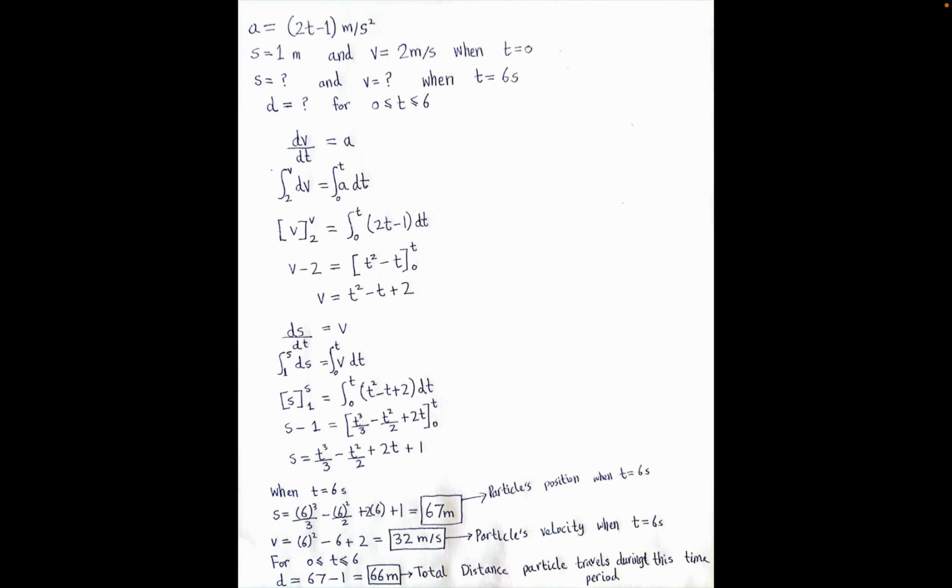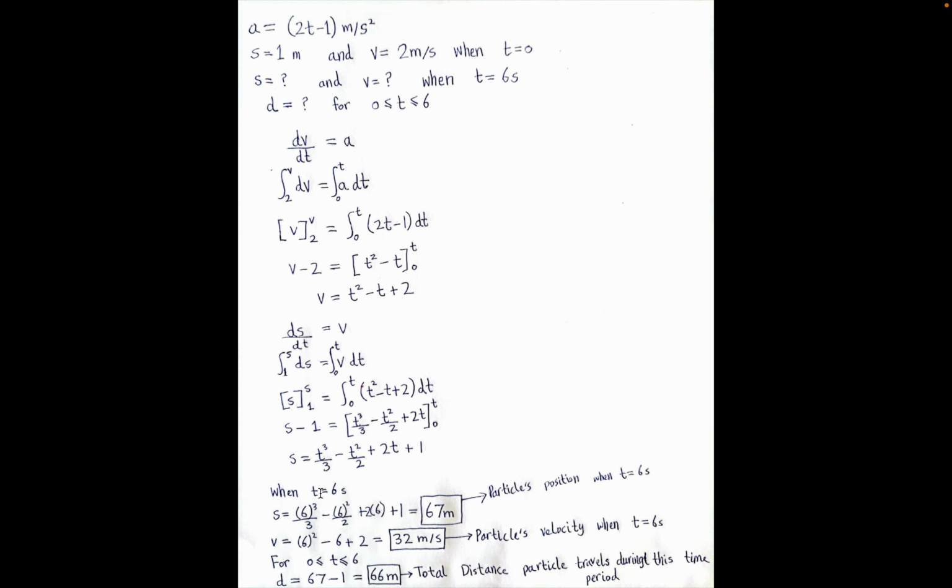It is really important to follow the steps, and then we do the integration. We get -1 over here, we take it to the other side, and we get the equation of displacement in the form s = t³/3 - t²/2 + 2t + 1. So we have the equations of displacement and velocity, and we have to find them when t = 6.